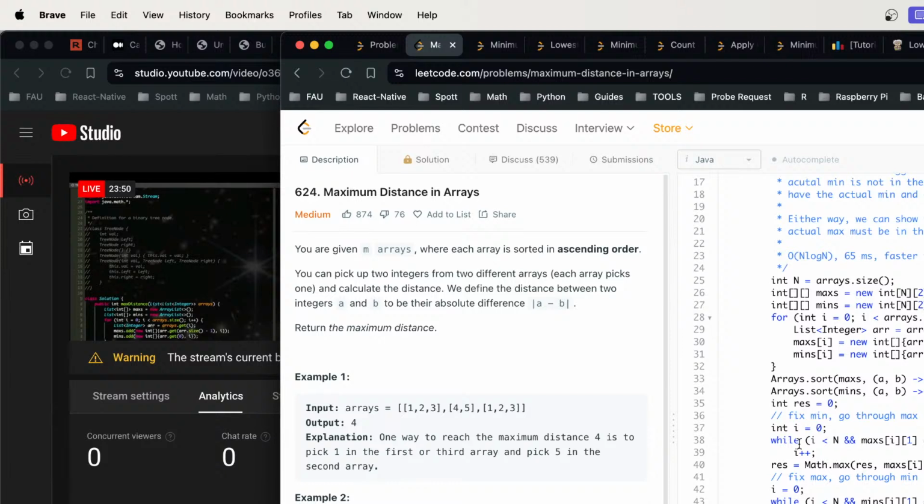Maybe we sort the arrays. Yeah, maybe we sort the arrays. If you sort the arrays from small to large on the front, then we have the smallest, right? And we just need to go find the biggest. Oh, we have the biggest, then we just need to find the smallest.